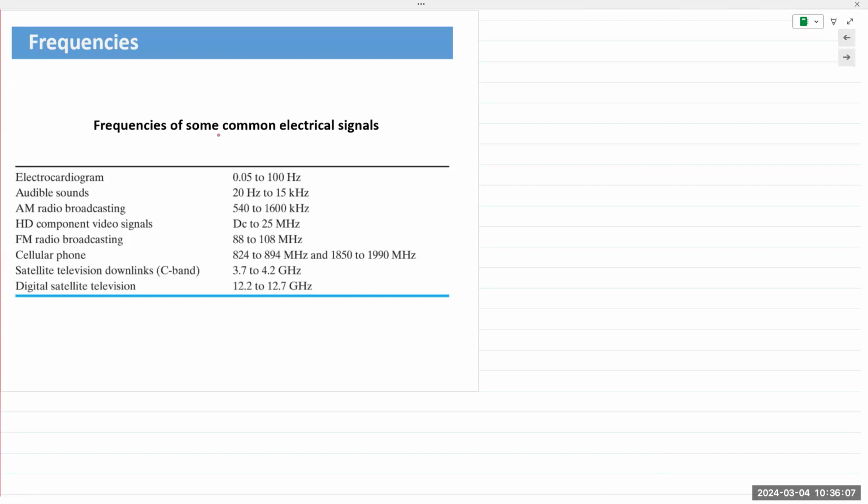We are bombarded with FM radio signals, AM radio signals, television signals, satellite, mobile, cordless signals, Wi-Fi, Bluetooth. We have wireless signals all around us. So how do we prevent the interference from one kind of signal with another one? And that's where the filters come in, right?